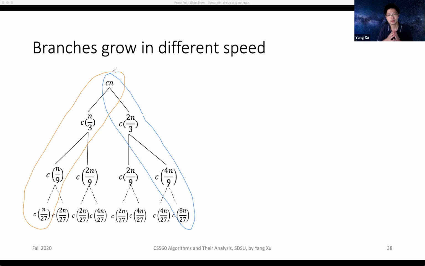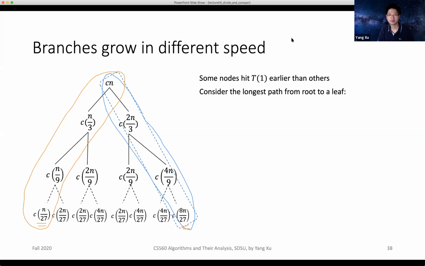The values in the node drop much quicker than this one, right? So that means some nodes will hit the smallest case earlier than others. The left one will first reach the smallest case, okay?